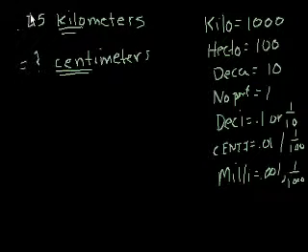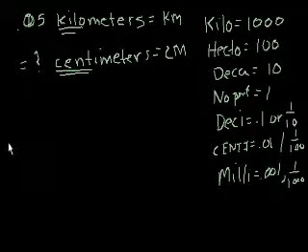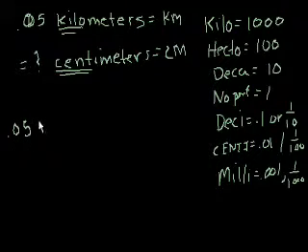So let's go back to the problem. If I have 0.05 kilometers, how many centimeters do I have? Whenever I do a problem like this, I like to actually convert my number to meters, because that's very easy for me. I'm going to abbreviate this as km, and we can abbreviate this as cm for centimeters. So let's say 0.05 km.